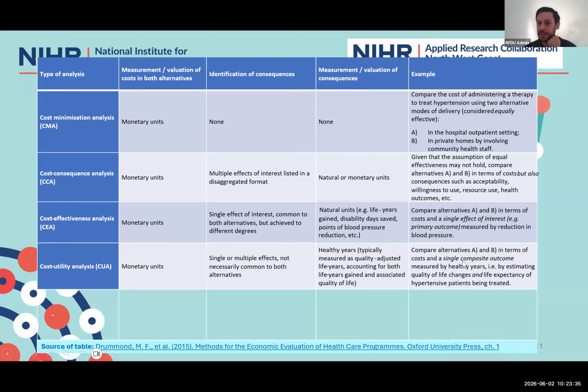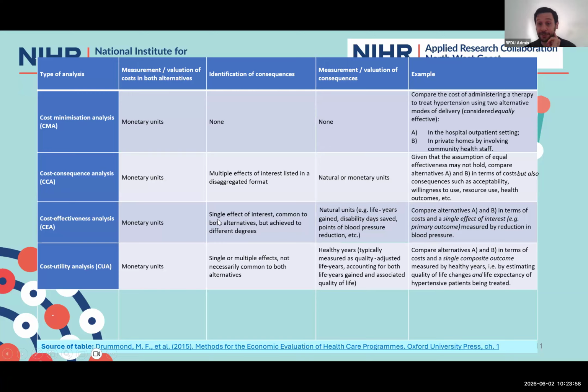But for now, it's important to notice that we are looking at a single composite outcome, which is a bit different from looking at a single effect of interest measured in natural units. Here we are looking at a single composite outcome because we are trying to combine quality and quantity of life together. So quality of life changes and life expectancy.